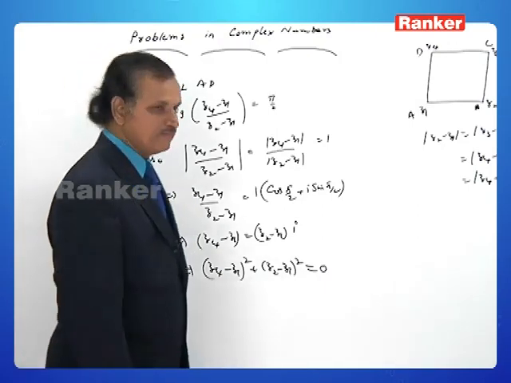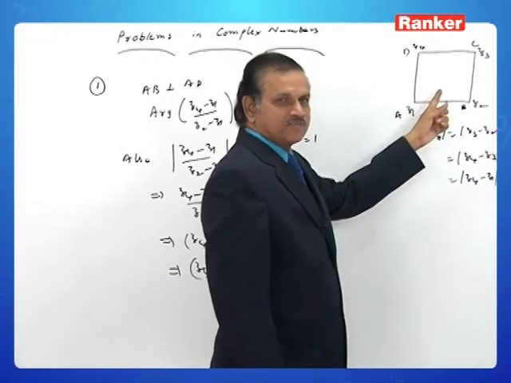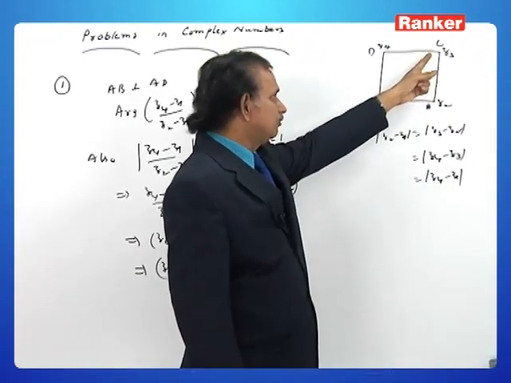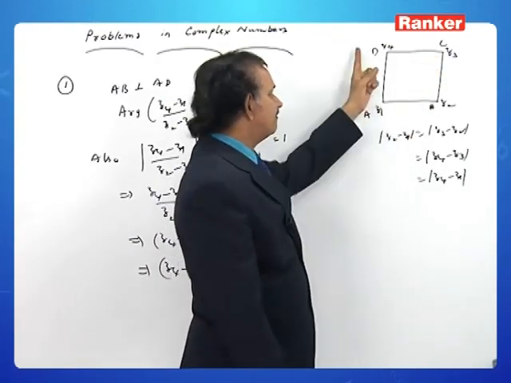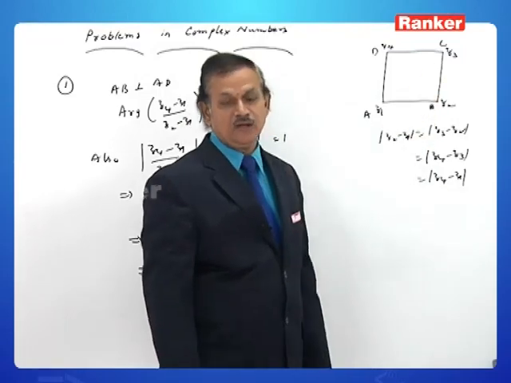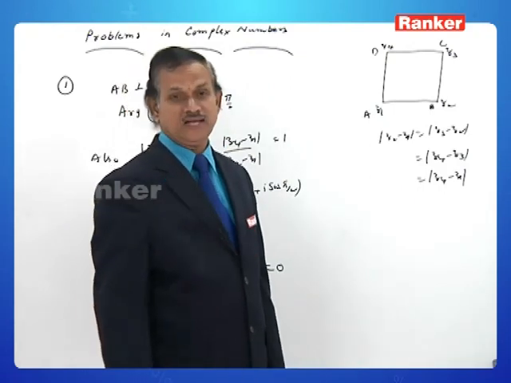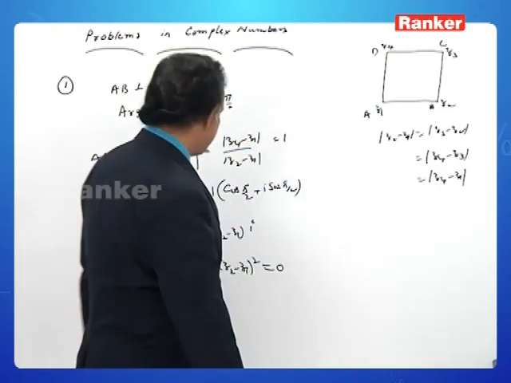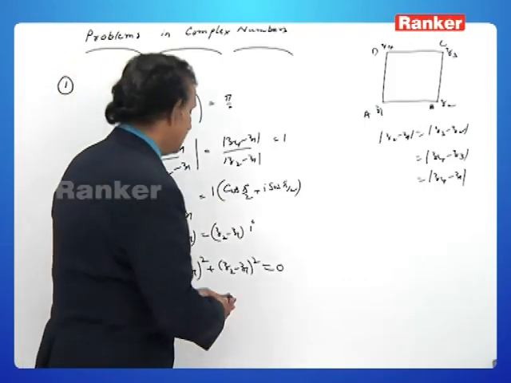Now we could have made use of this perpendicularity. Absolutely in a similar fashion, you can use this perpendicularity also. That is, (Z4 minus Z3) by (Z2 minus Z3) also has the argument pi by 2, and in a similar fashion that can be written as cos pi by 2 plus I sin pi by 2.